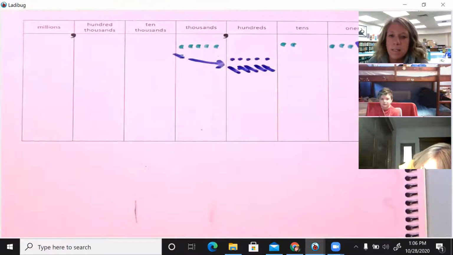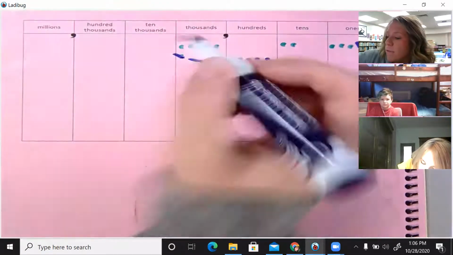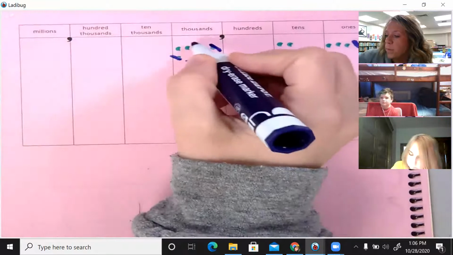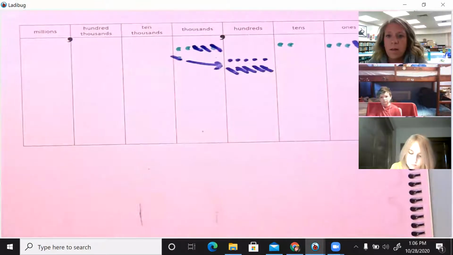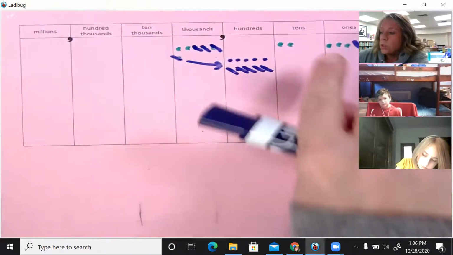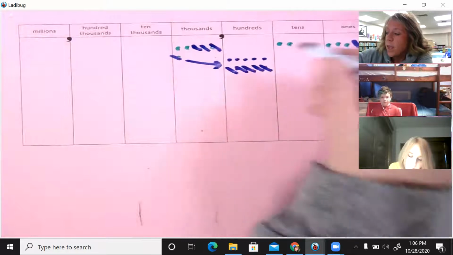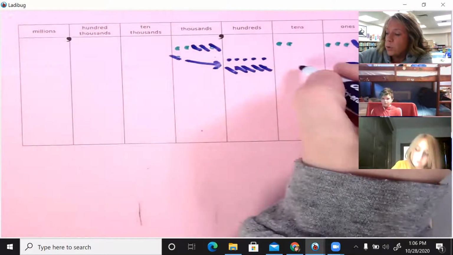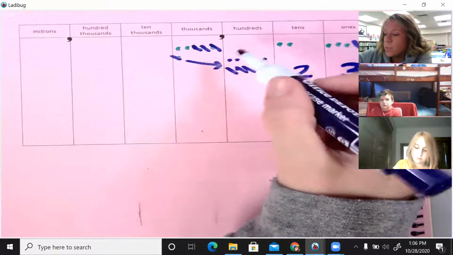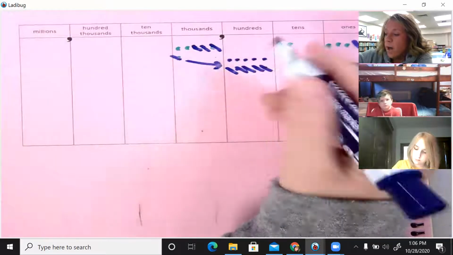Now in my thousands place, I need to take away 3. And I have 5, so I can take away 1, 2, 3. Now, to find my answer, I'm just going to go back and count how many discs are remaining. So in the ones place, I have 1, 2, 3 discs. In the tens place, I have 1, 2 discs. In the hundreds place, I have 1, 2, 3, 4, 5 discs.